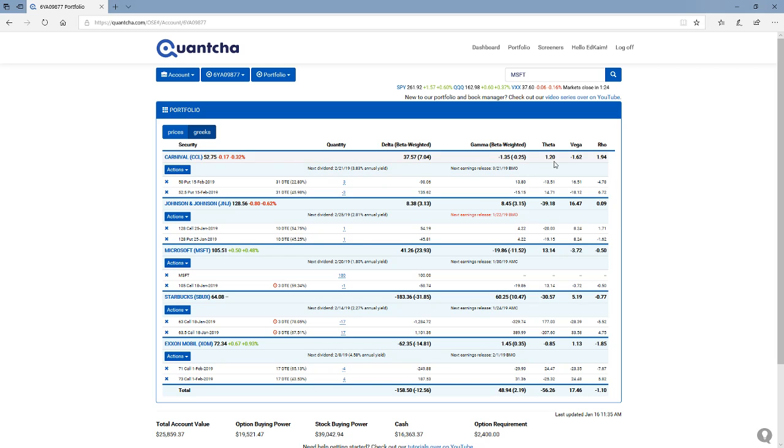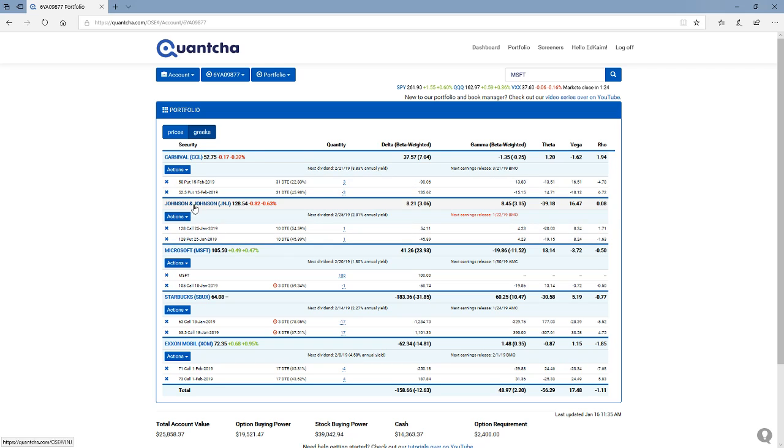In this case, we would gain about $1.20 if nothing else moved between now and tomorrow. This would be worth a little bit more. But the important thing is that the fact that this is positive tells us time is on our side for this particular trade.